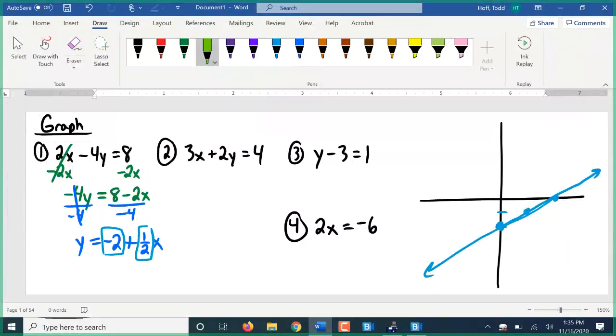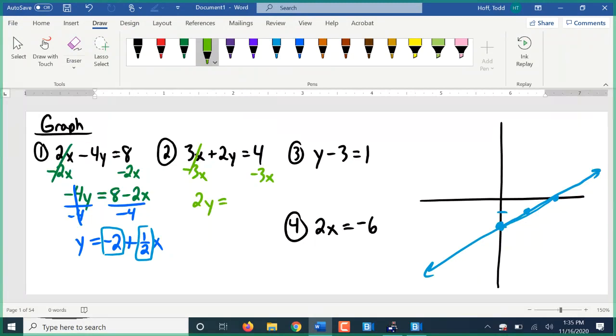For number 2, same thing, we have to get y by itself. Here, y has been multiplied by 2, and then 3x has been added to it. So we're going to start by subtracting 3x. So the 3x is gone on the left side, leaving us with just 2y.